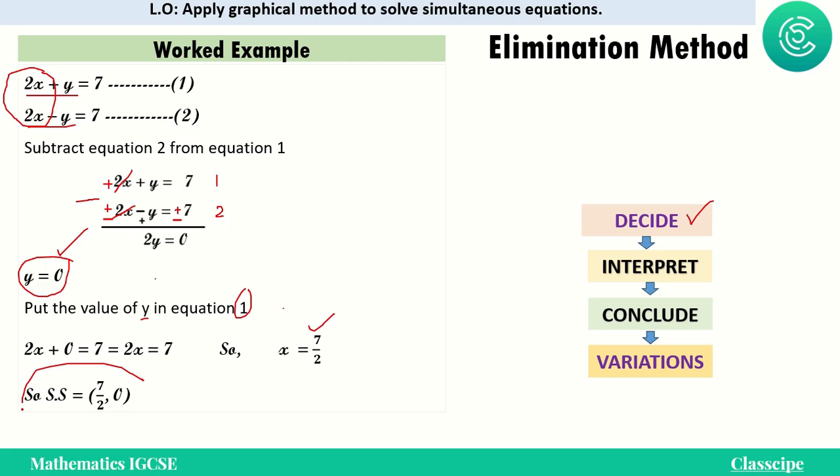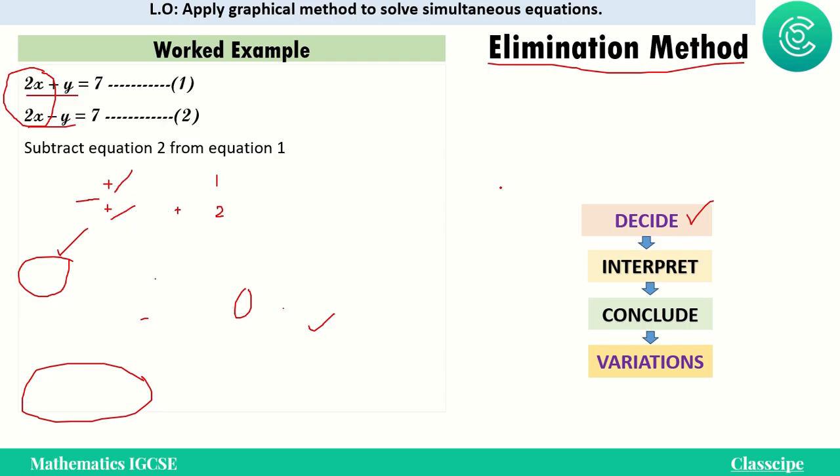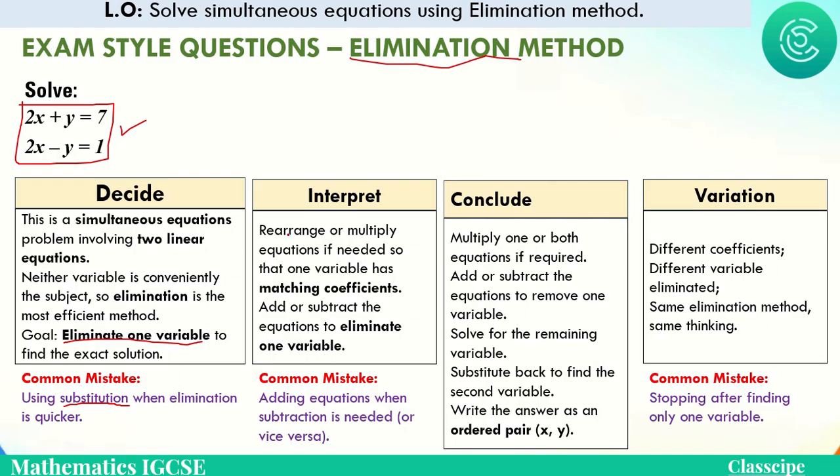So this is our solution set. So in this way we are going to solve simultaneous equations using the elimination method. Make sure, students, that you follow this strategy. Go through this strategy well, understand it, okay, then this question will become very easy.